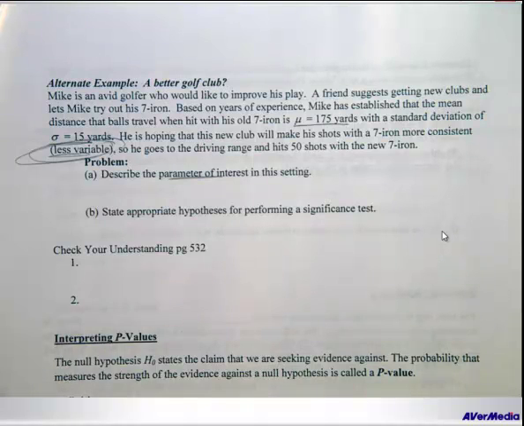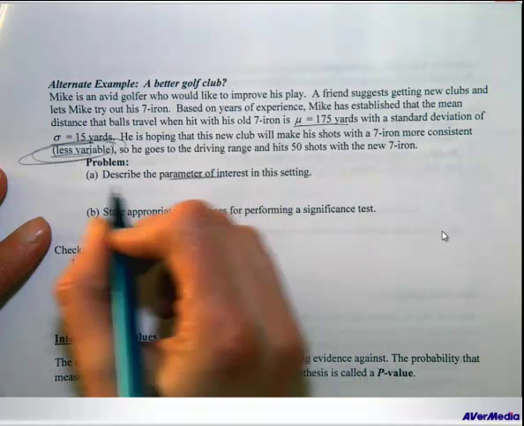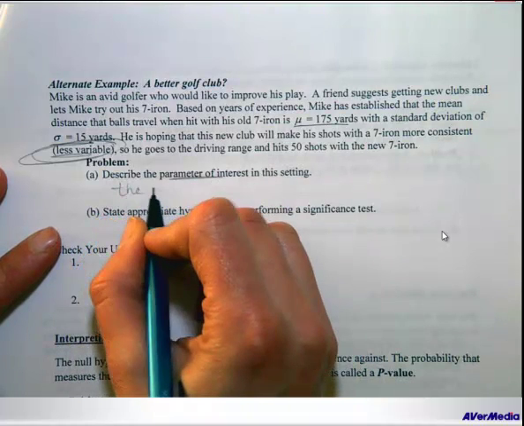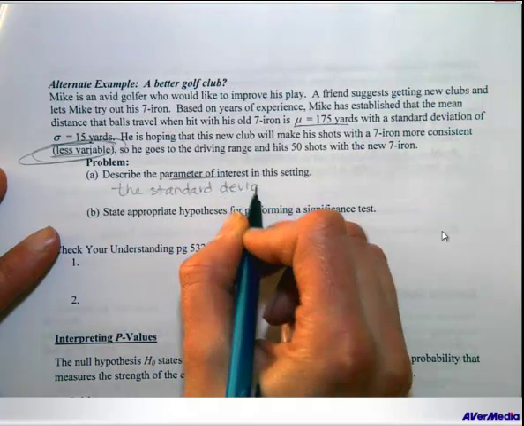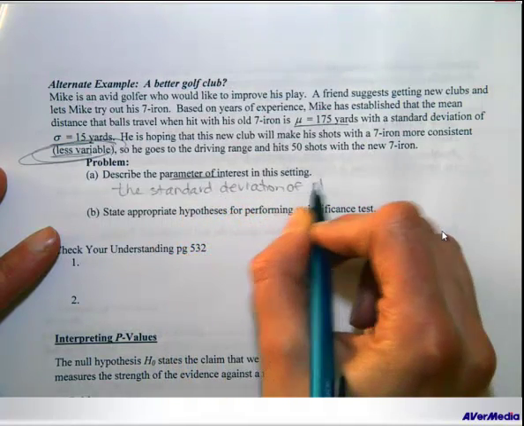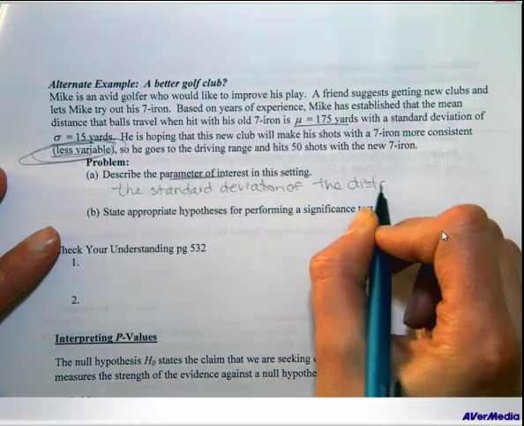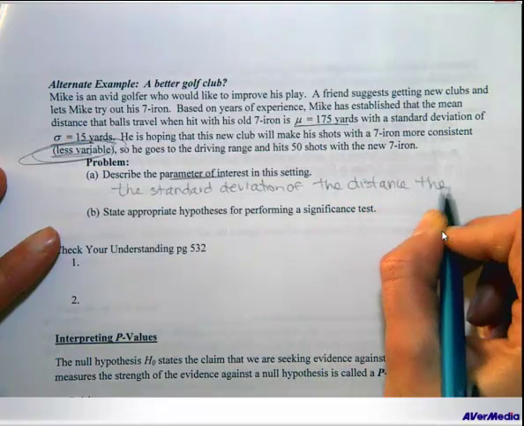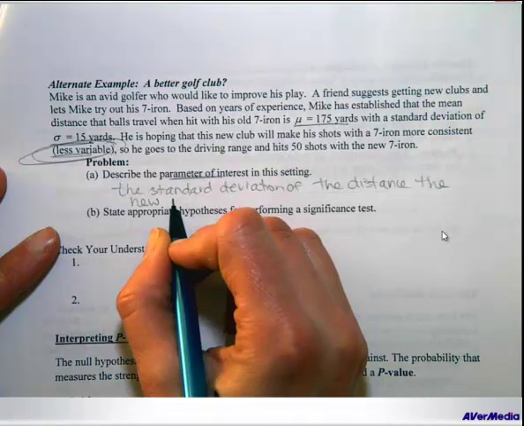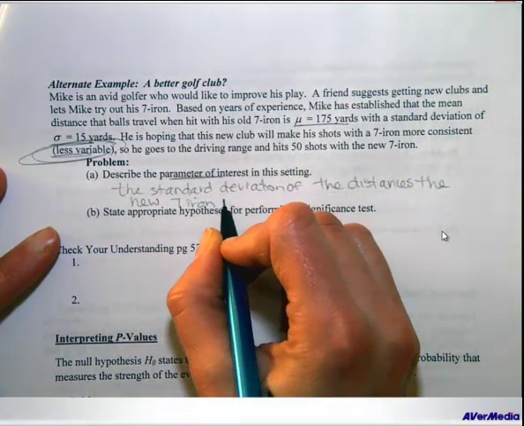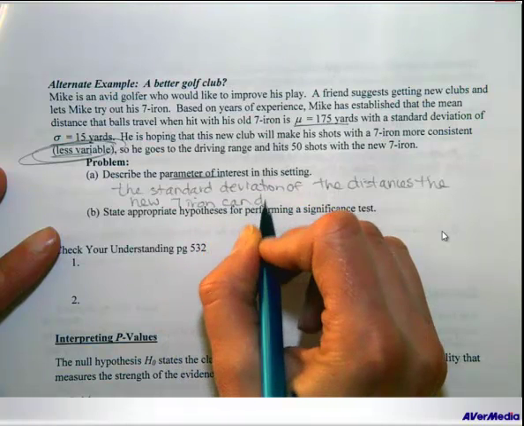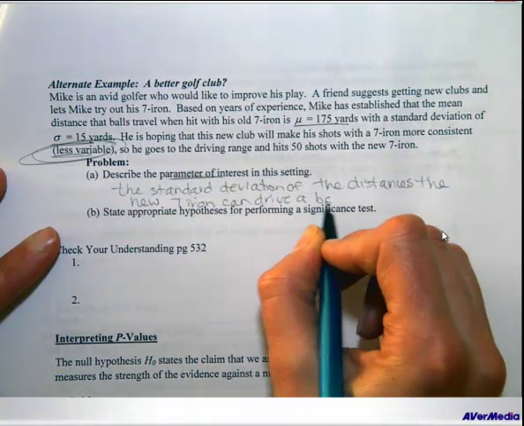So when we answer this, we would say the parameter of interest in this setting is the standard deviation of the distances the new 7-iron can drive a ball.